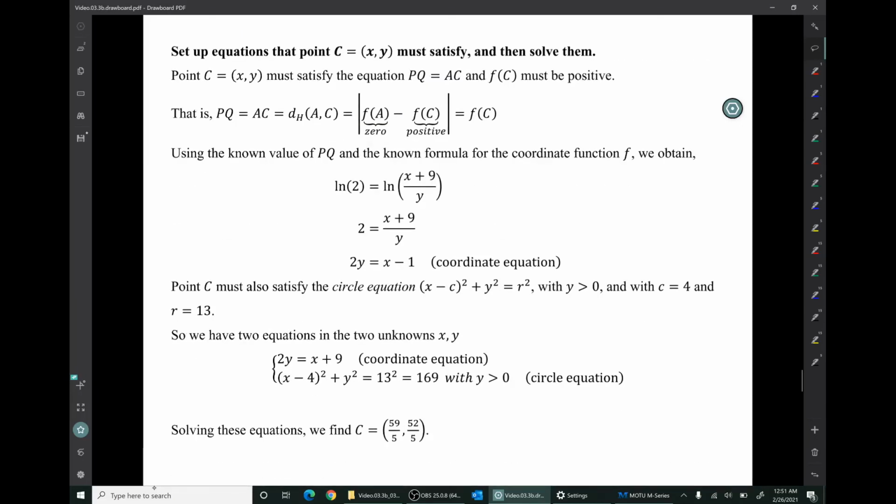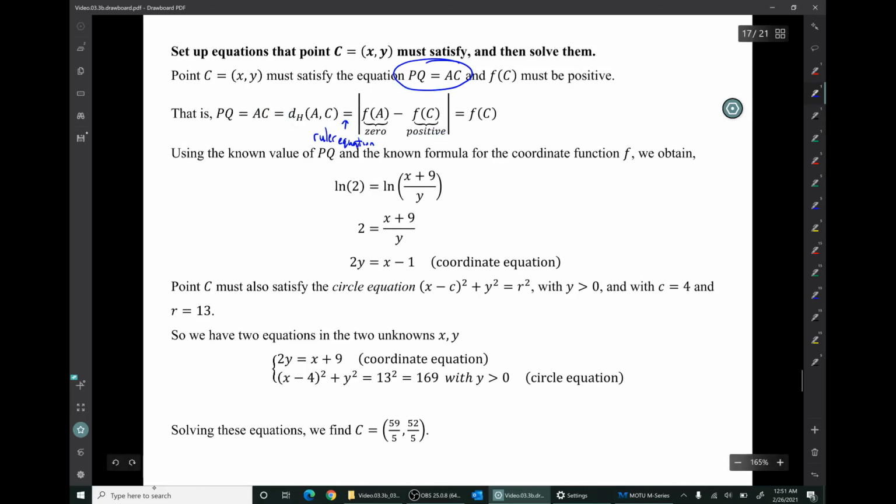But we want a particular point C. We want point C to satisfy this equation: the distance from A to C, the Poincare distance, has to equal the Poincare distance from P to Q. The Poincare distance from A to C is normally given by that ugly Poincare distance formula, but we can use the ruler equation. It tells us that the distance between A and C is equal to the absolute value of the difference of their coordinates.